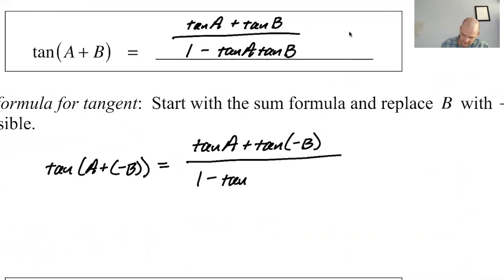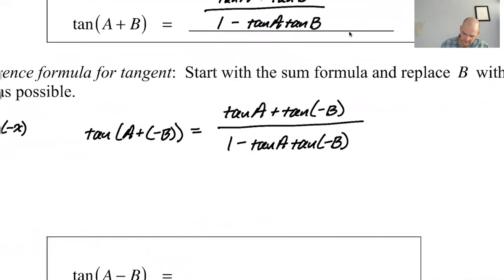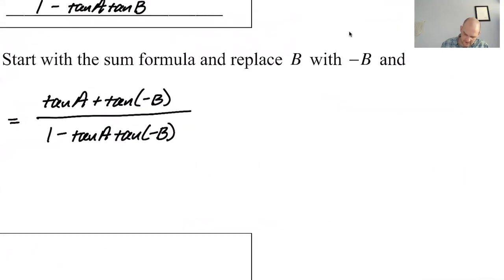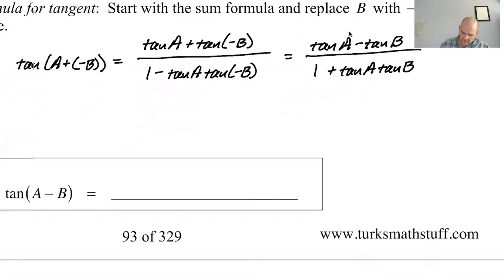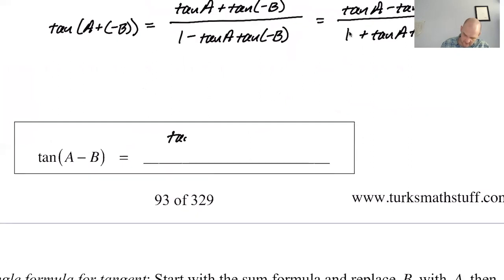Tan A, tan negative B. Properties are going to give us tangent of A, and then the tangent of negative B is the negative of the tangent of B, so minus tan B over 1, so it's minus tan A times the negative of tan B, which is going to be plus tan A tan B. So our formula here is tan A minus tan B over 1 plus tan A tan B.